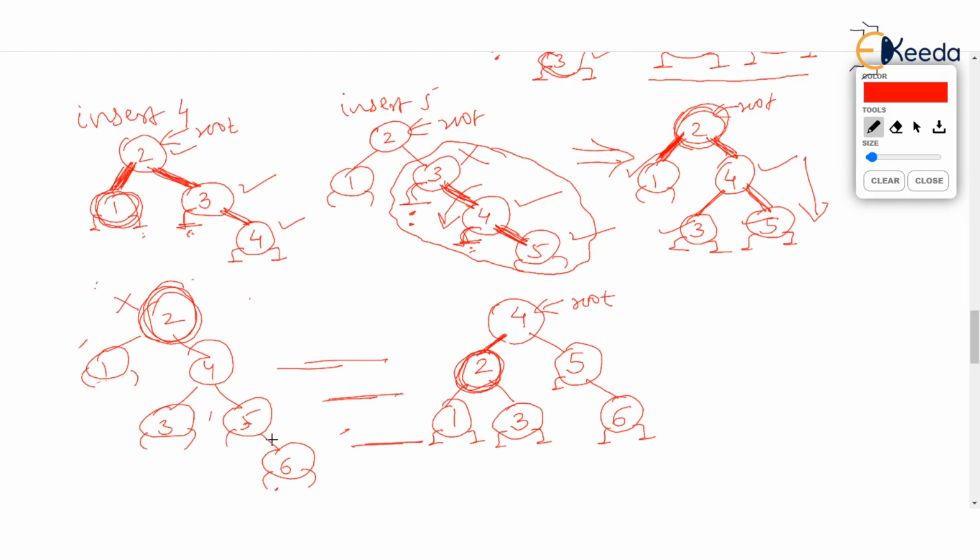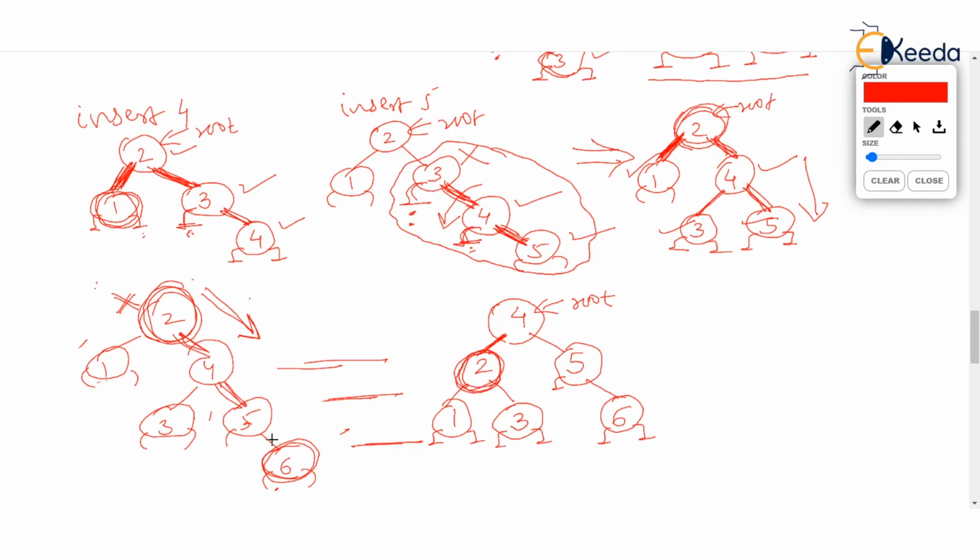So we know that 2 is not balanced, but to check out the case, you just go from 2 towards 6 because 6 is the new node you inserted. So from 2, you go towards 6 and read out loudly what directions you are taking. If you are going from 2 to 6, you will take right and go to 4, and you will take right and go to 5. So the case is right, right. That's it.